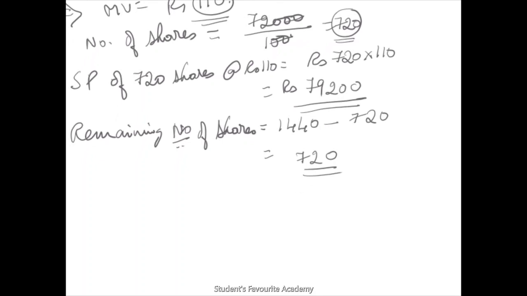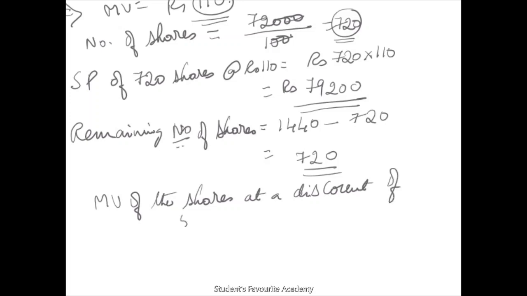These 720 shares she sells at a discount of 5%. So market value of the shares at a discount of 5% will be rupees 100 minus 5% of 100, that is rupees 95.